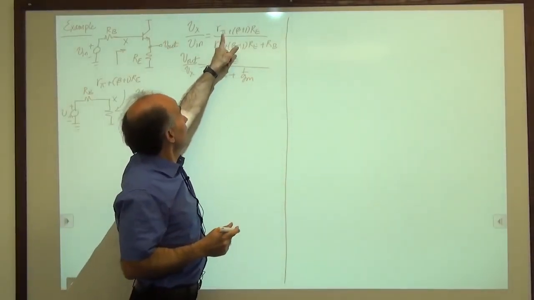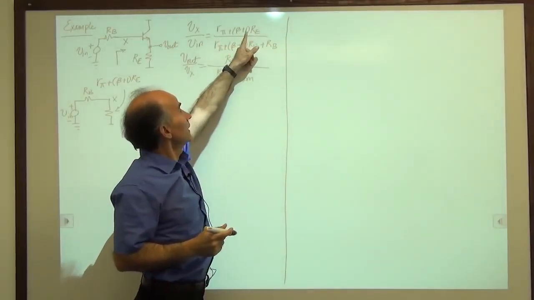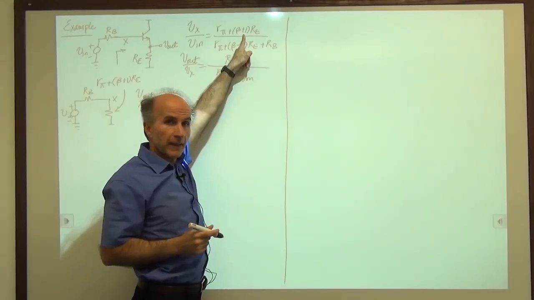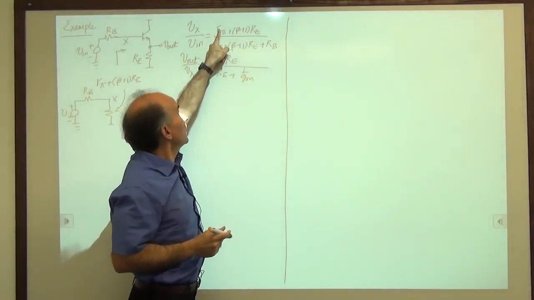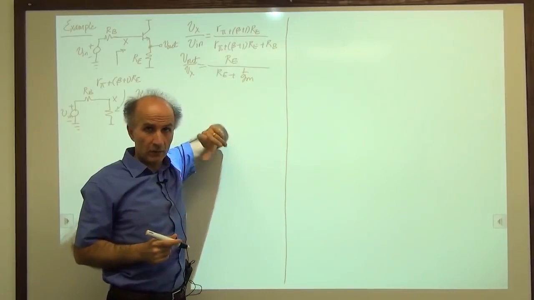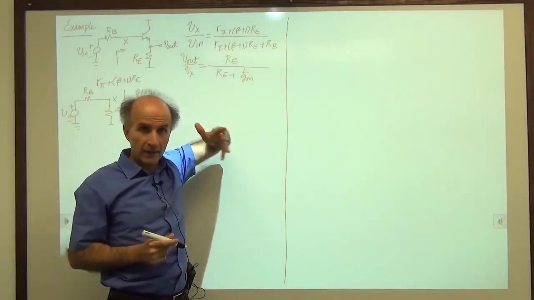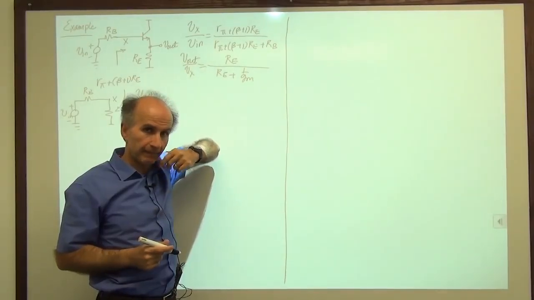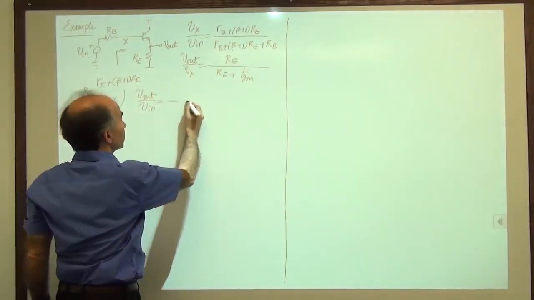Now let's manipulate the results because something interesting may come out. We have R pi plus beta plus 1 times Re. I will factor out beta plus 1. And I remember that R pi over beta plus 1, or R pi over beta, is approximately equal to 1 over Gm, right? So this is what we have.